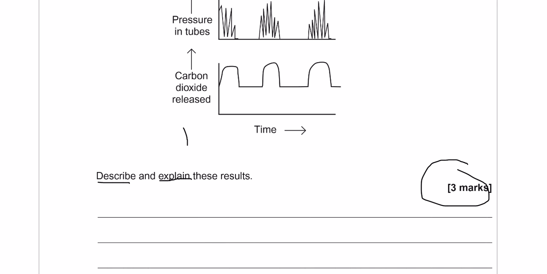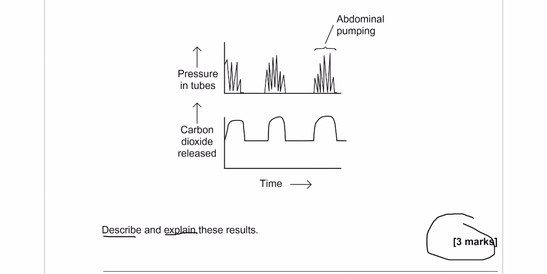So the first thing, you get 1 mark for describing. Okay, so we need to describe using these results, and you can see that the abdominal pumping is linked to the carbon dioxide release. So when the pressure in the tubes increases, so does the carbon dioxide released.